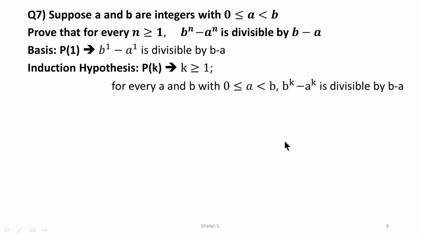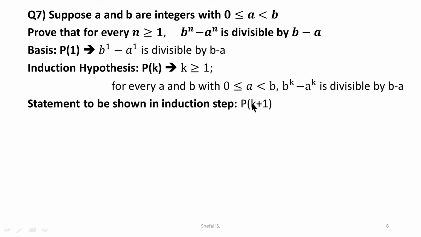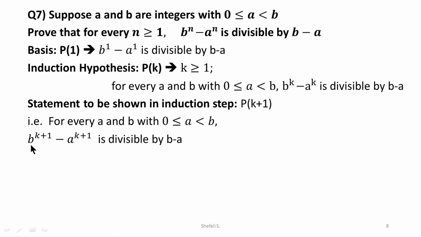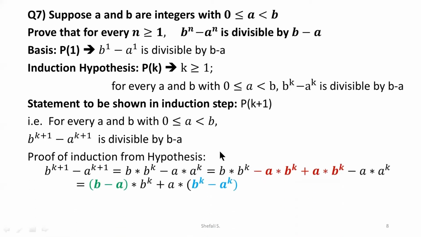We can assume that. With this assumption, for the induction step, we can rewrite the equation with the given condition, that b raised to k plus 1 minus a raised to k plus 1 should also be divisible by b minus a. So we'll just try to rewrite, and we can take the help of the hypothesis.